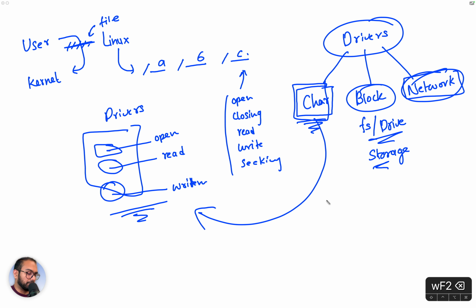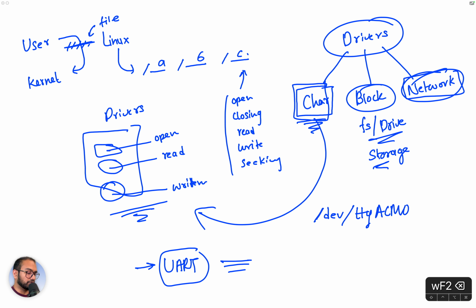So let's take an easy example. Let's say we have a UART. A UART is a universal asynchronous receive transmit module. You can send a byte at a time to another computer and so on. It's a pretty old protocol, but still actively used. So let's say the driver handling this UART responds to reads and writes on the file called TTYACM0, for example.